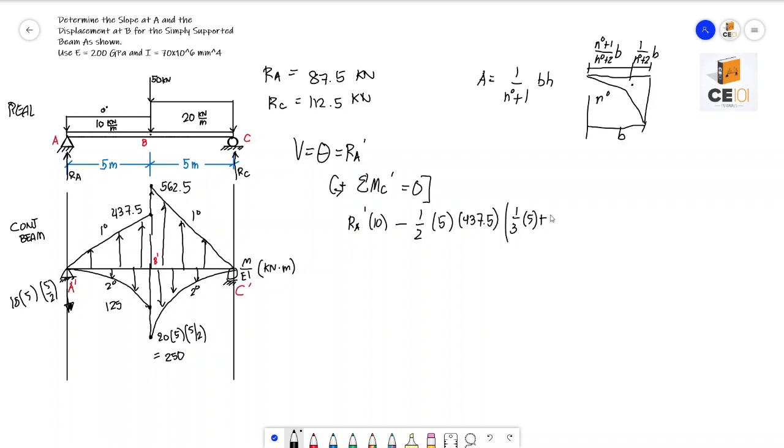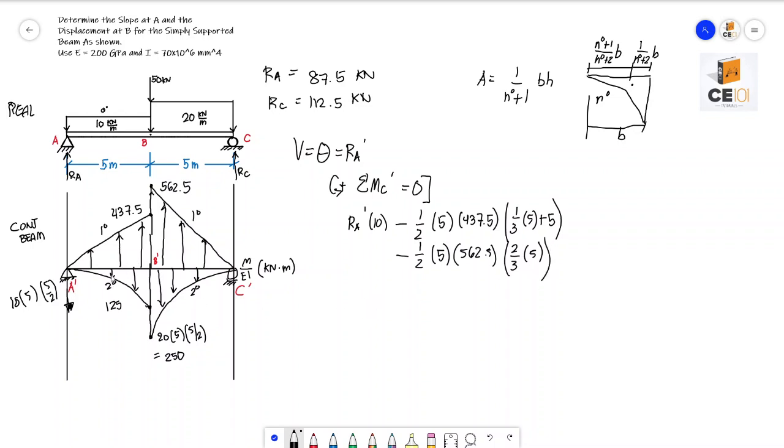So alam nyo naman na yan, no? Plus 5. Tapos yung susunod na triangle, 1/2 times 5 ulit, 562.5 times 2/3 ng 5 natin.